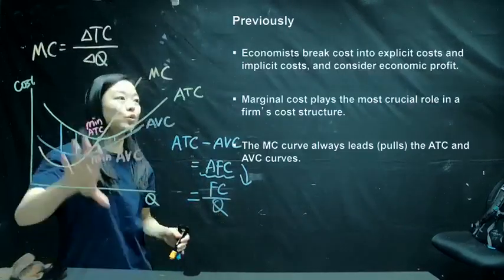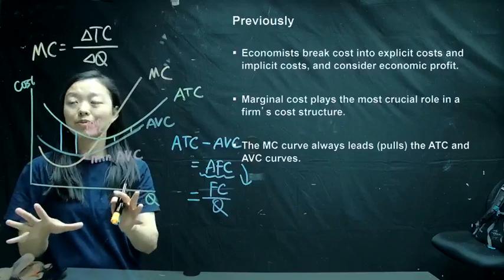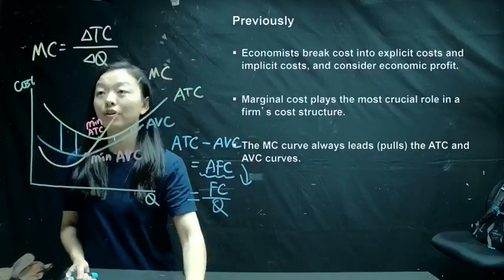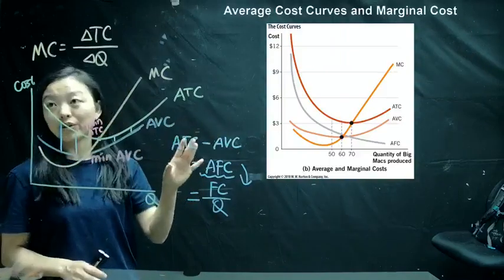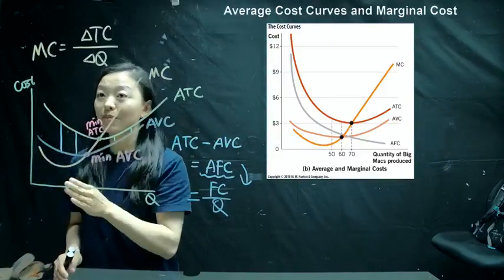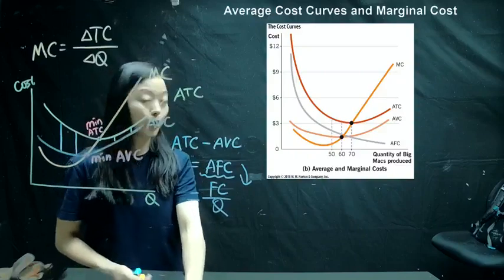So this is the way that we can draw those curves. Those are concepts we already learned in chapter 13, and I already told you this graph is very, very important through chapter 13 and chapter 14.